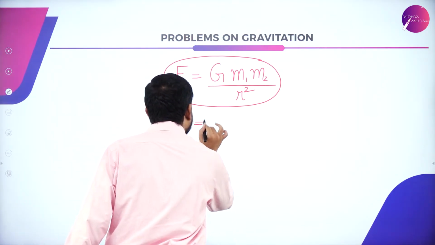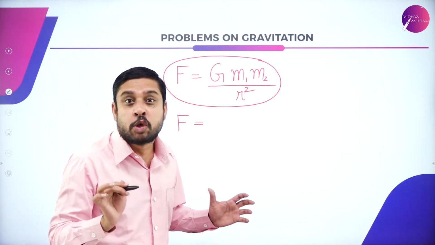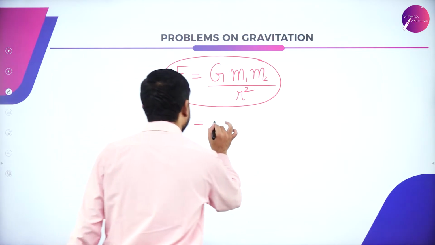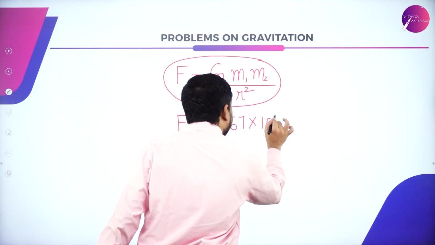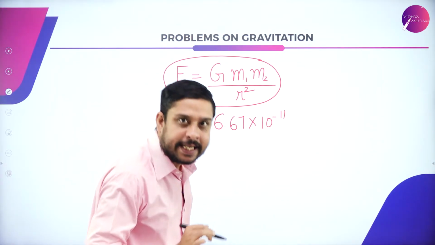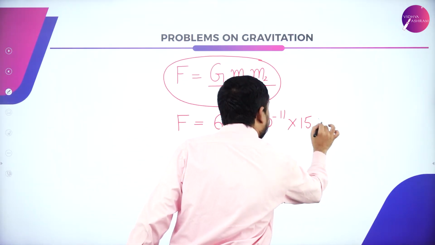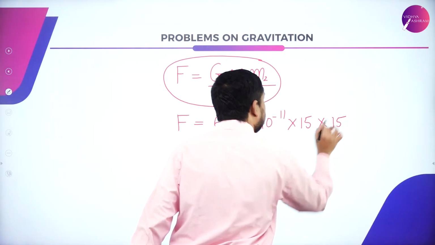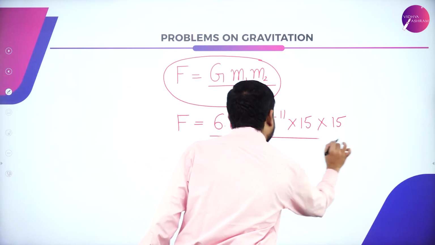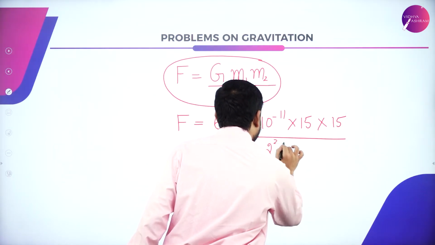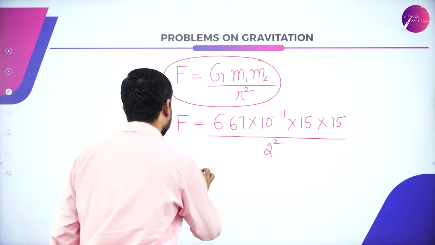Substituting, the value of gravitational constant should be well known to you all: 6.67 into 10 power minus 11. M1 is 15 kg, M2 is again 15 kg, divided by 2 square, the distance.